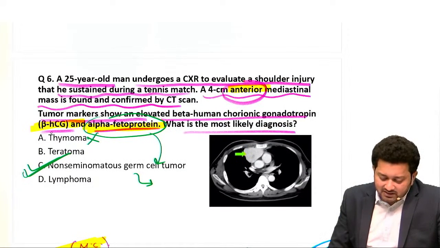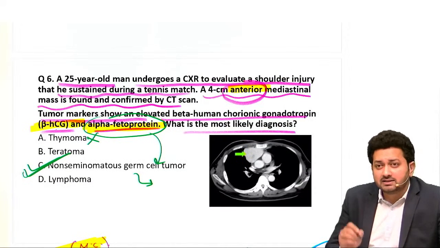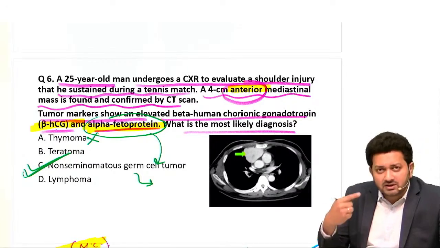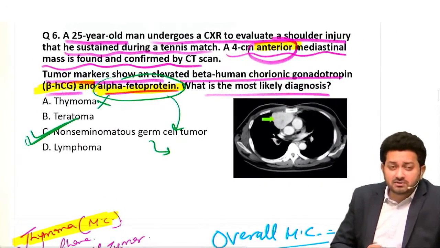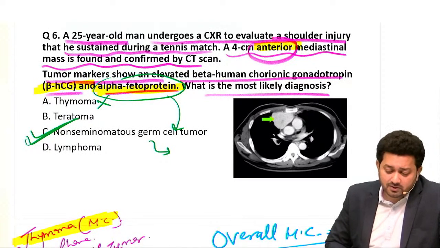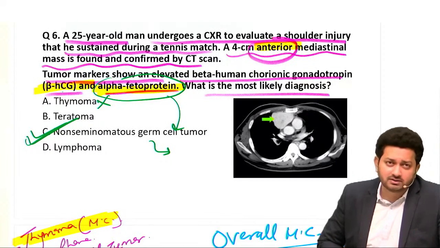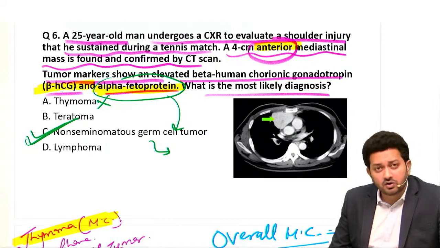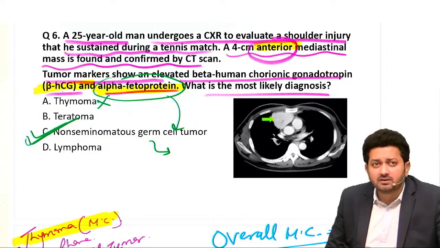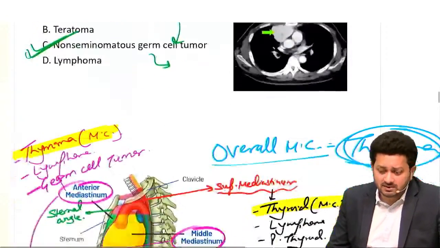Beta HCG is not raised in teratoma. In gynae also you read about that tumor: choriocarcinoma. So choriocarcinoma, teratoma, yolk sac tumor, embryonal cell tumor, everything comes under non-seminomatous. That's why that is a better answer.